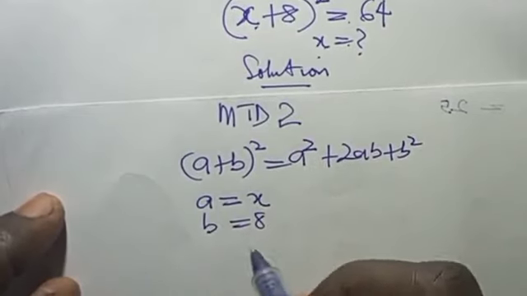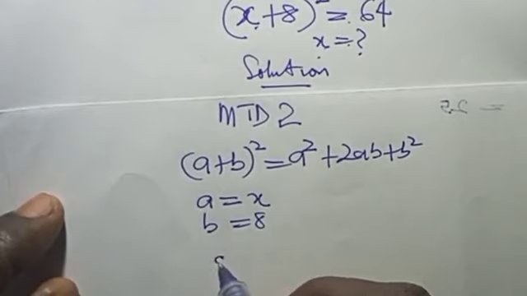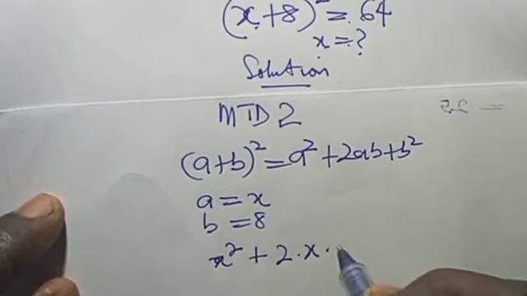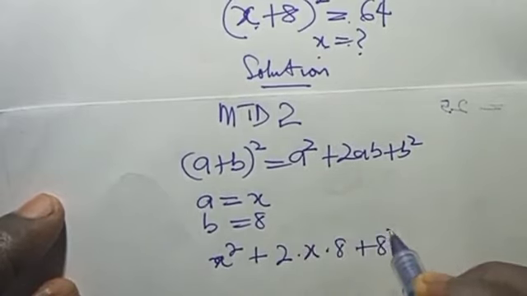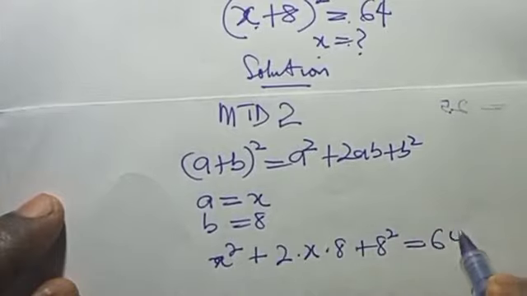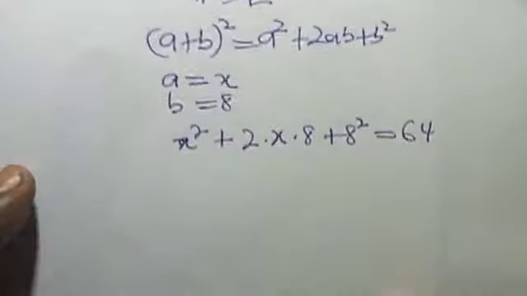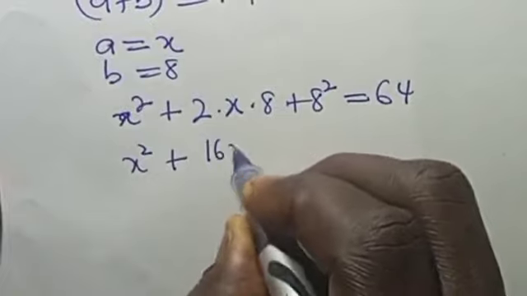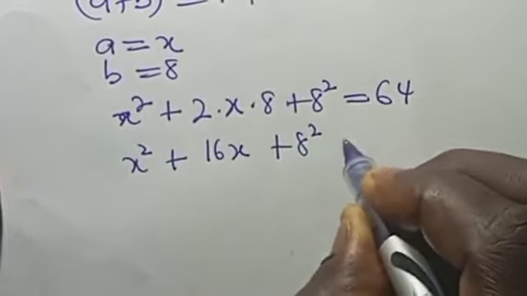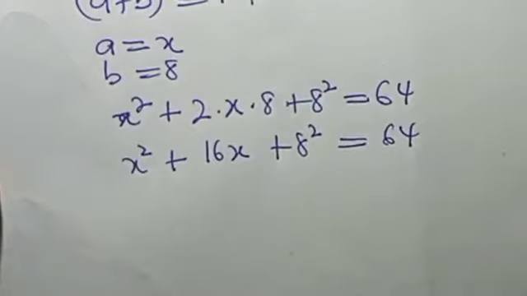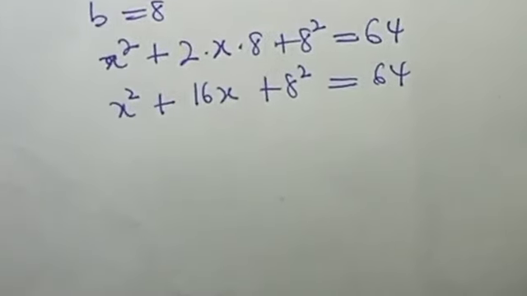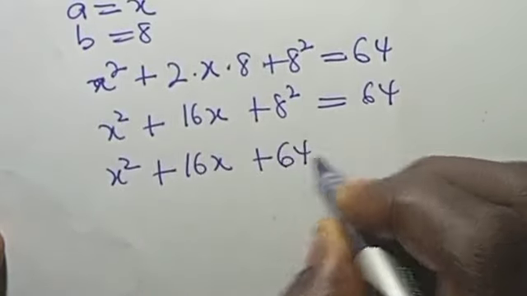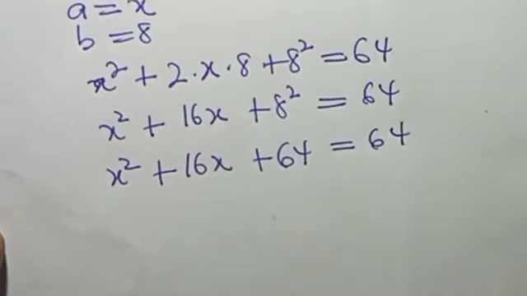So if we do this, we're having x^2 + 2 times x times 8 + 8^2 = 64. So x^2 + 16x + 8^2 = 64. x^2 + 16x + 64 is equal to 64.